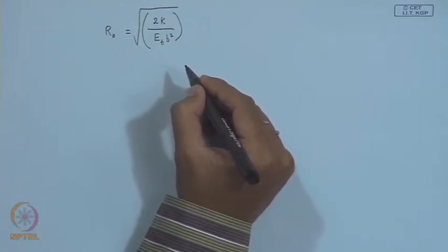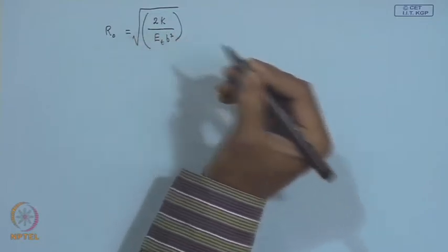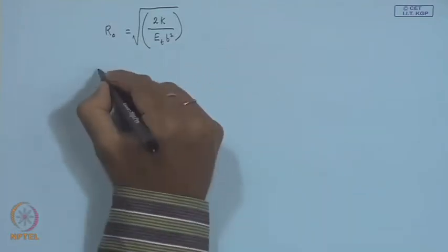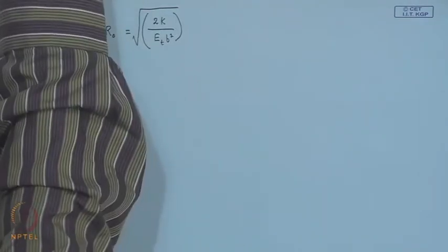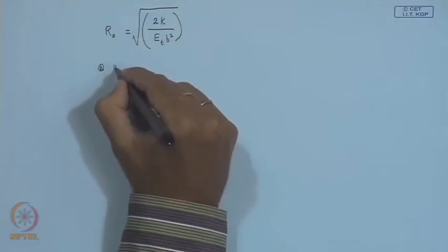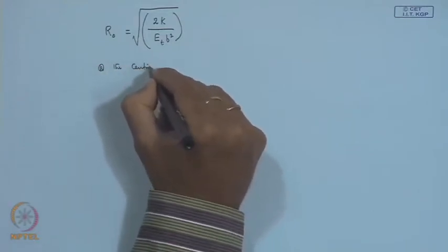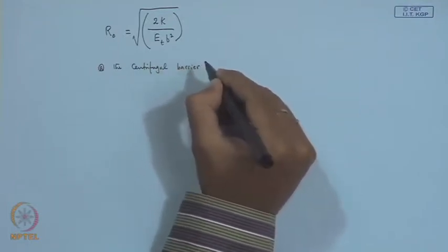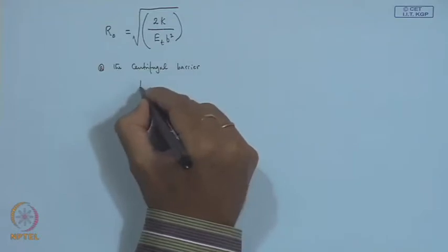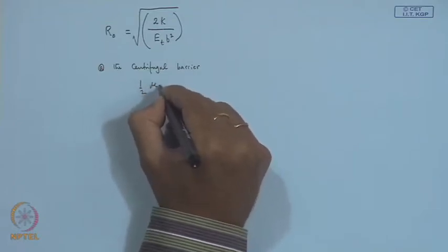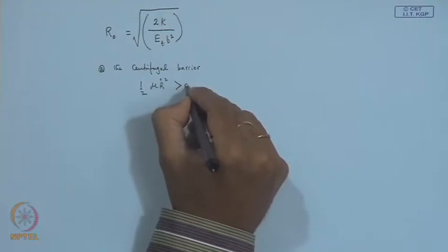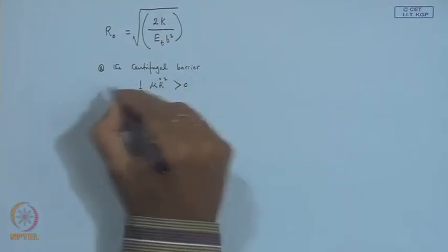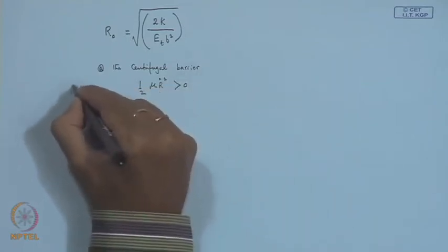So doing the same procedure as we did for the earlier case, at the centrifugal barrier we require that half mu r dot square will become greater than 0 for reaction to occur.